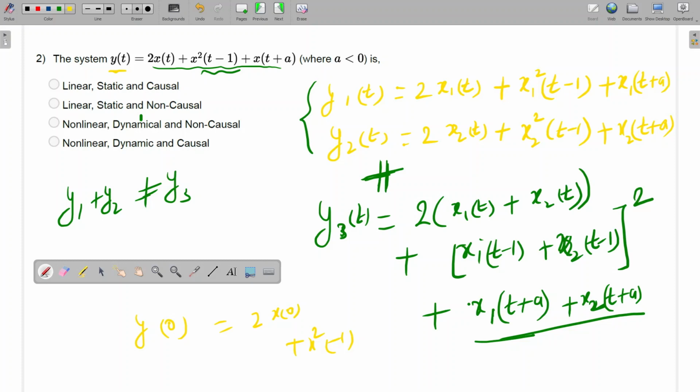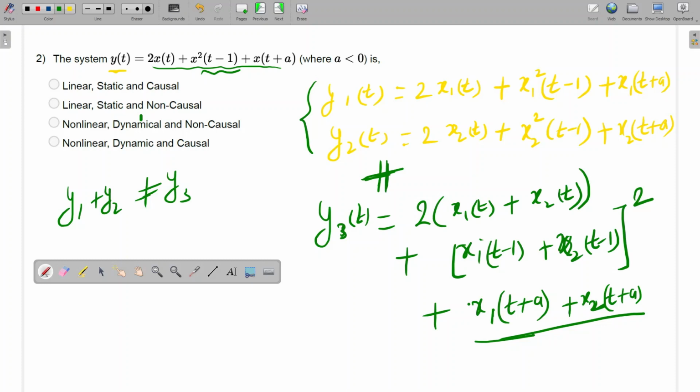Since this is depending on a past value, like in the case of network circuits, where we have already studied inductors and capacitors with some initial condition, that means they have memory. So the present output is depending on the past value, so it will be dynamic. Is it clear? See, it's depending on the past value, that's why it's dynamic. Is it clear to all?